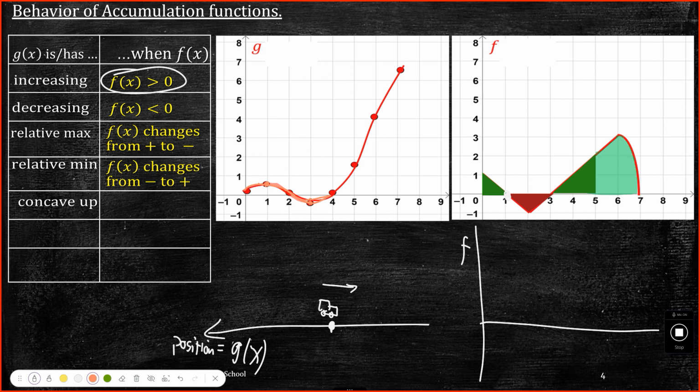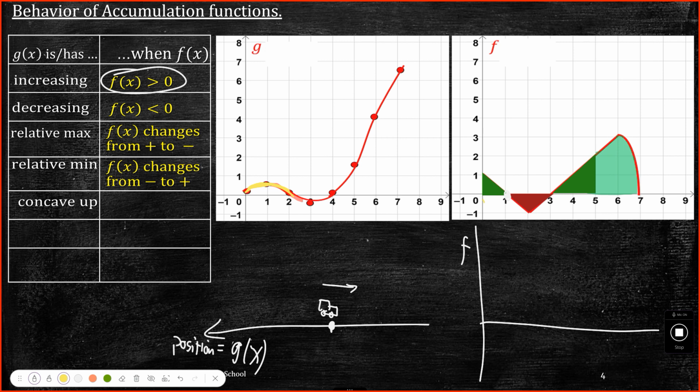Concave up. G is concave up. I don't know. Well, we'll go look at that in a minute, but I'm going to look at this. What is this? Concave down, 0 to 2.